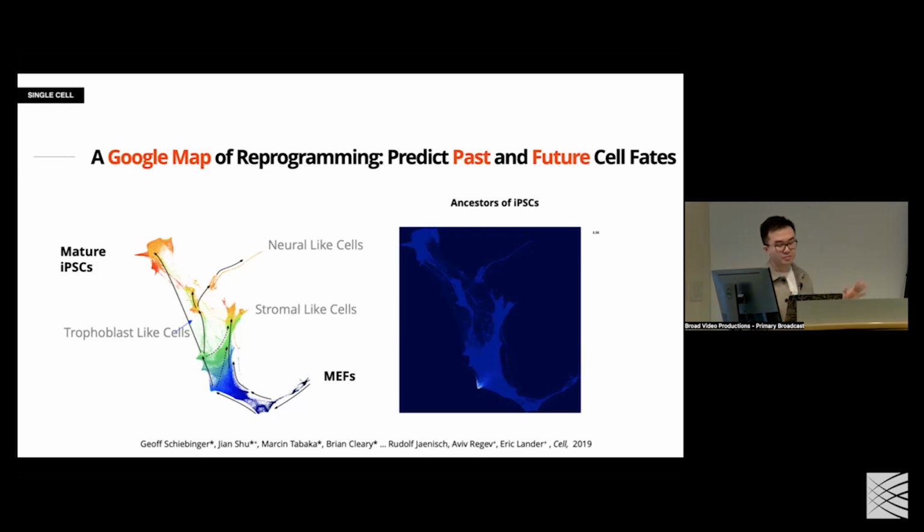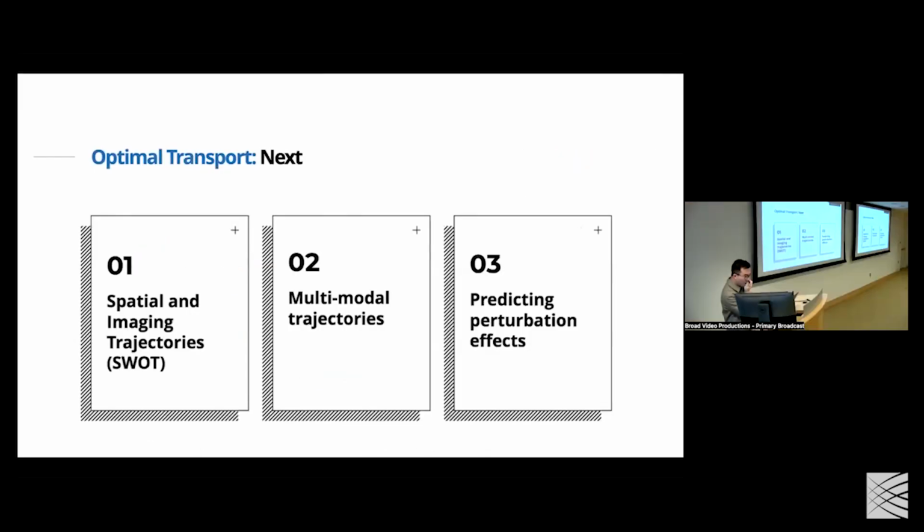So that's a very brief intro of how we use single-cell sequencing methods to decode the time information and rebuild this time machine in development. What we are working on now is expanding the optimal transport framework into spatial transcriptomics, to infer the spatial trajectory. Kodaki, who's not in the audience today, developed a new method called SWOT, Spatial Waddington OT.